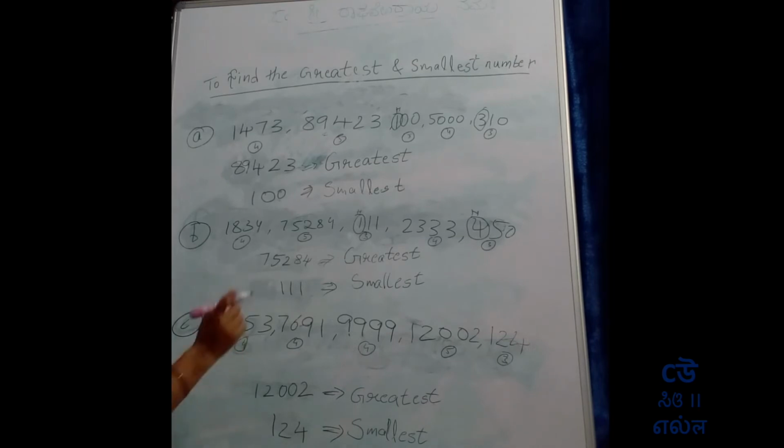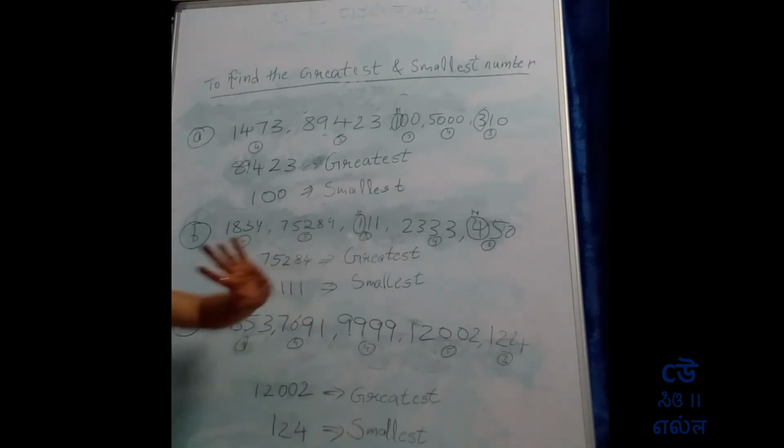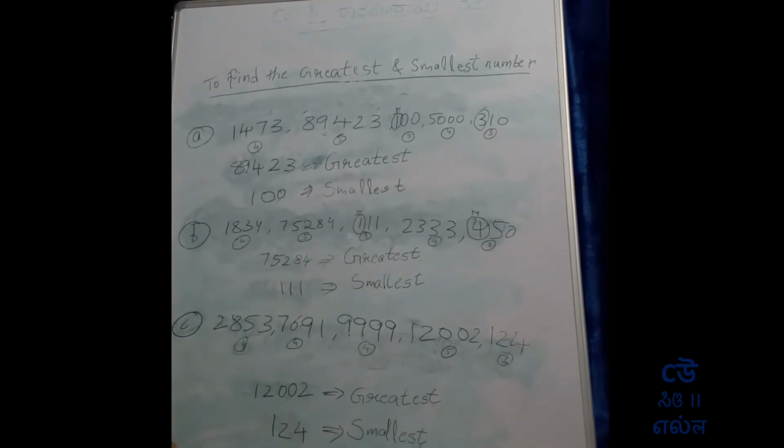For example, if you consider the 100 place in these two, you will find which is the greatest number. Like that you will consider the highest place value and see which is the greatest number and write it.